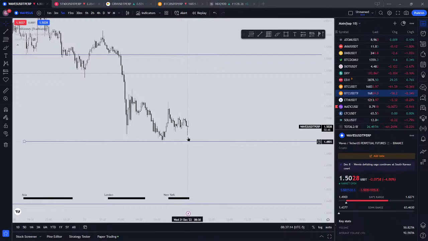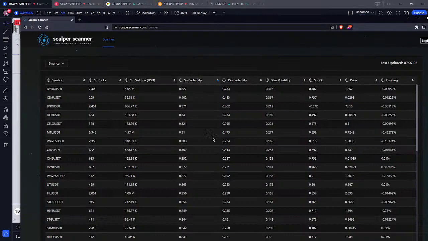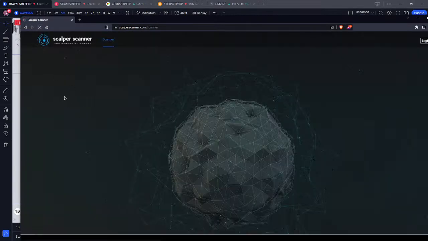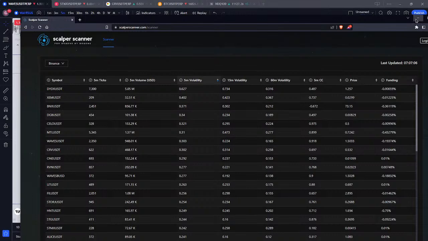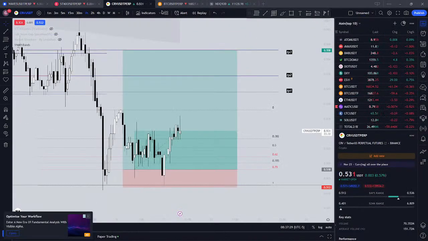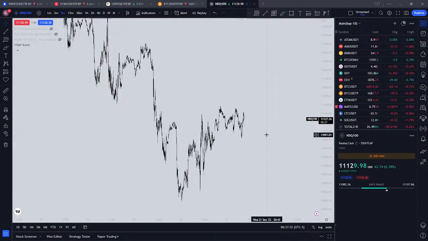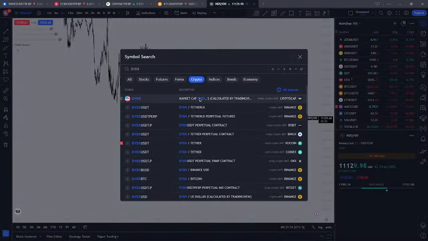just let me know what you guys want me to look at, or I'll just bring up scalper scanner again and we'll check for volatility. Looks like DYDX was in the list. DYDX seems to be doing some crazy shit right now, so let's see what's up. So DYDX, that was the 5-minute volatility.